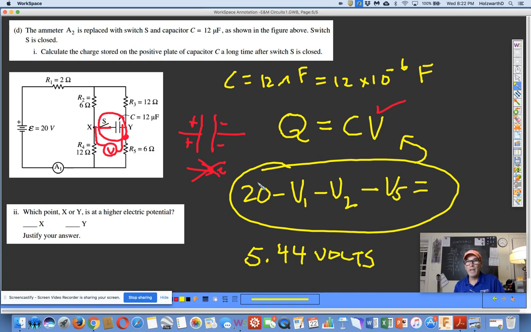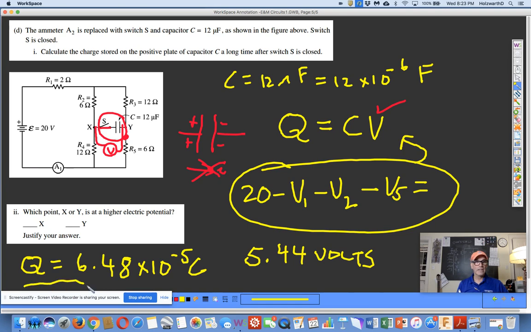If you multiply 12 times 10 to the negative 6 farads times 5.44 volts, you're going to get the charge on the capacitor accumulating to, I know I'm cheating, 6.48 times 10 to the minus 5 coulombs. All right, so there's the charge that accumulates in the capacitor.